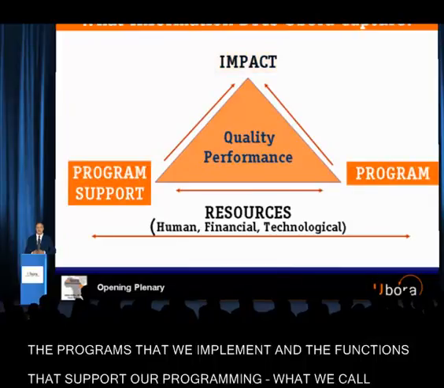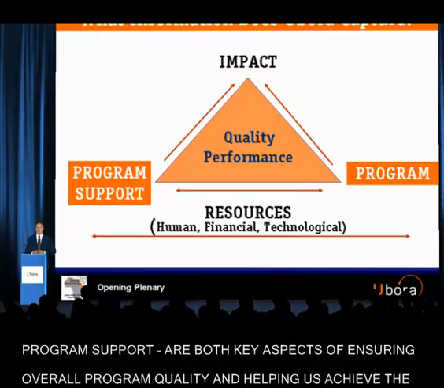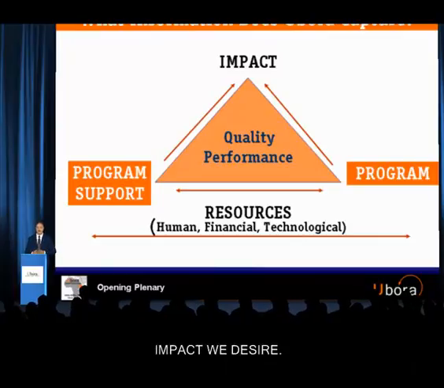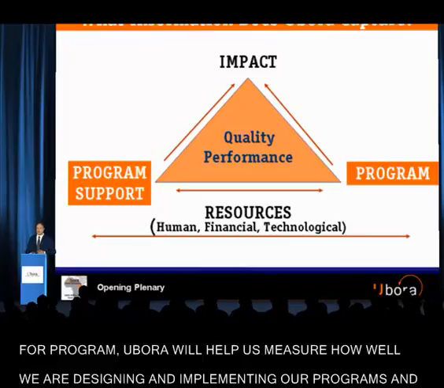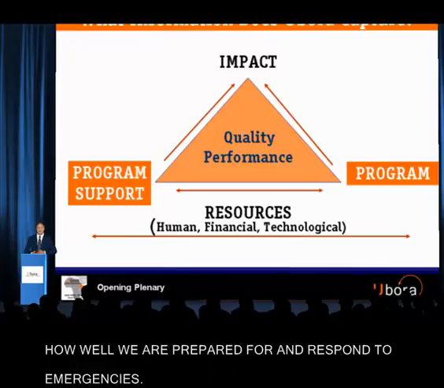The programs that we implement and the functions that support our programming, what we call program support, are both key to ensuring overall program quality and helping us to achieve the impact we desire. For program, Ubora will help us measure how well we are designing and implementing our programs and how well we are prepared for and respond to emergencies.